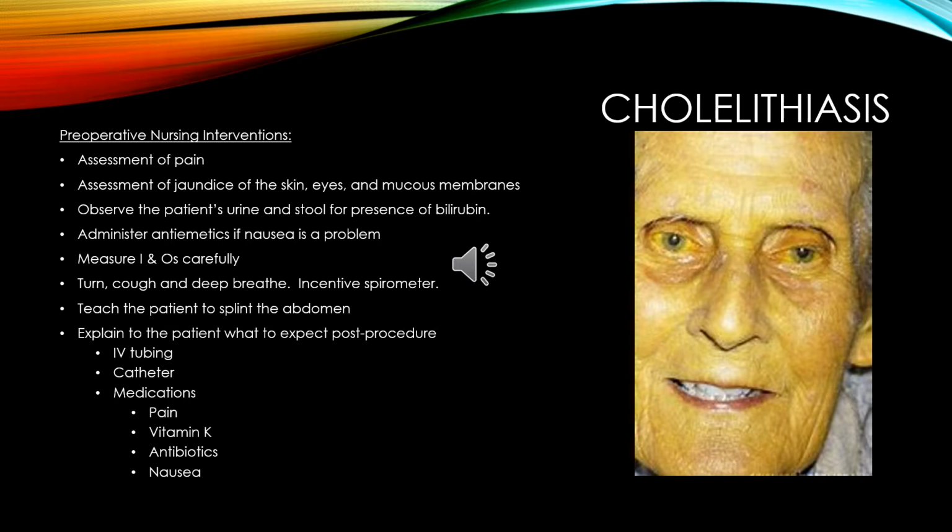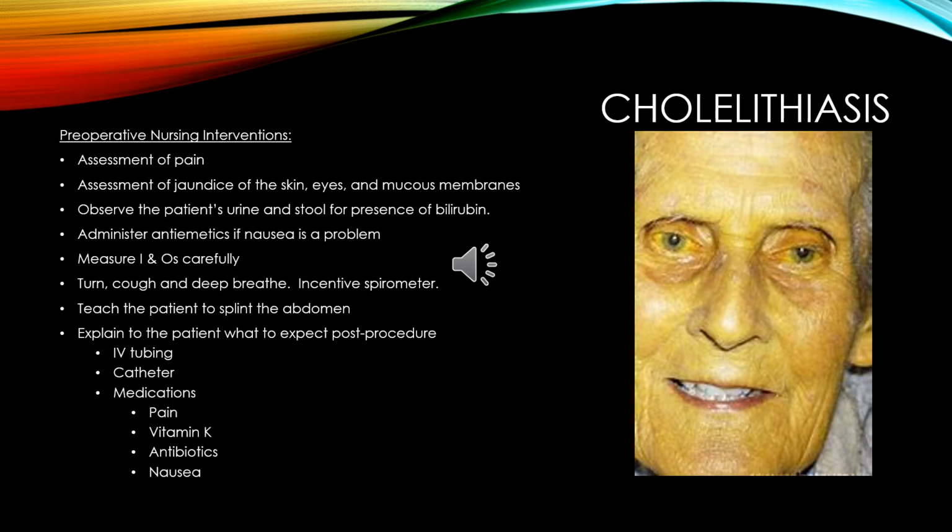Okay, some preoperative nursing interventions that we need to do would be to just get to know your patient, assess their pain level, assess what their skin, eyes, and mucous membranes look like, if there's any presence of jaundice there.